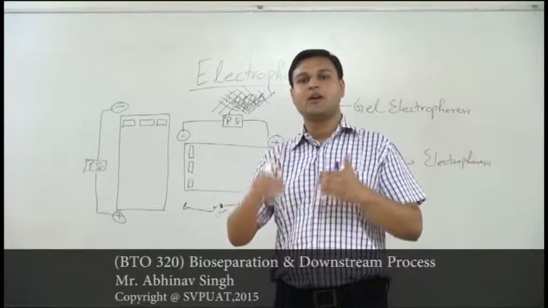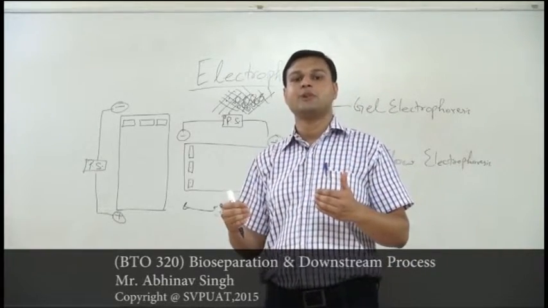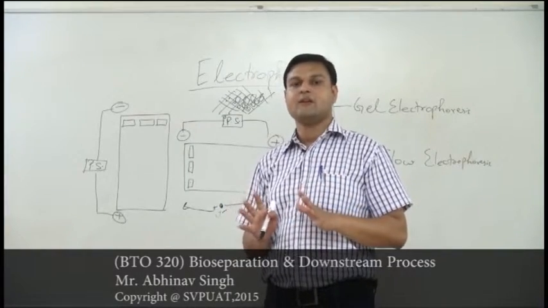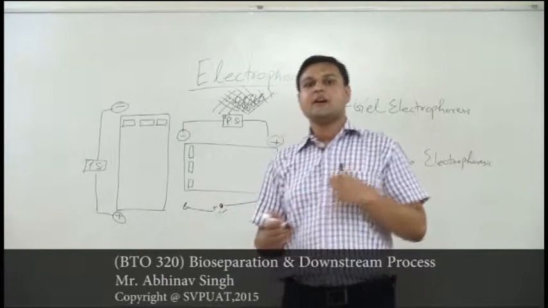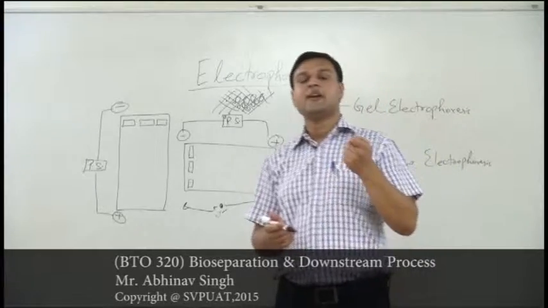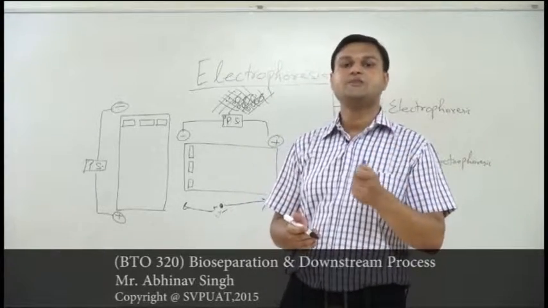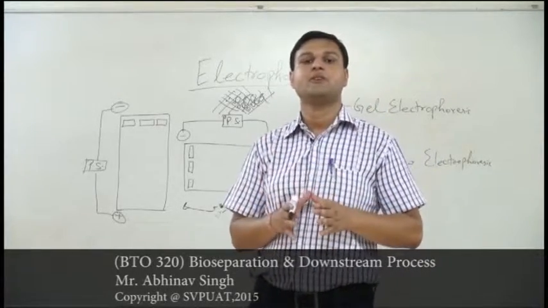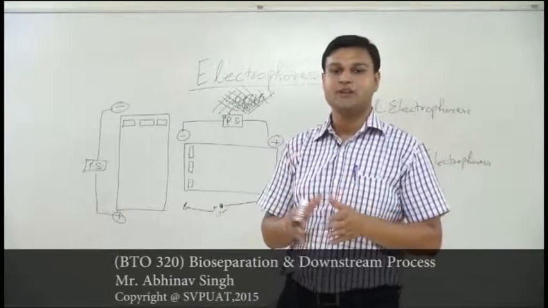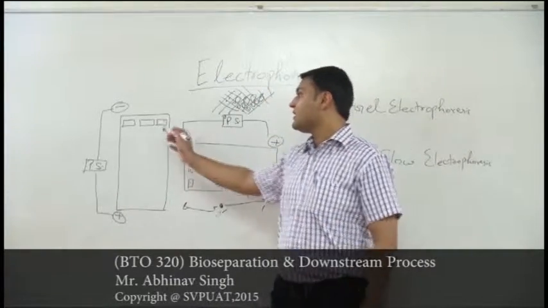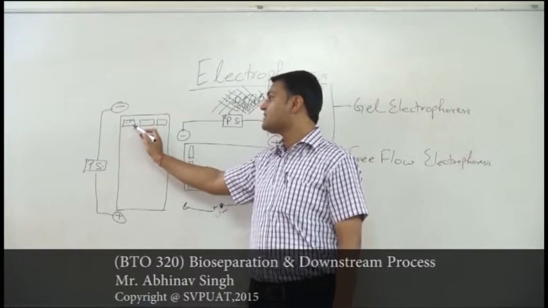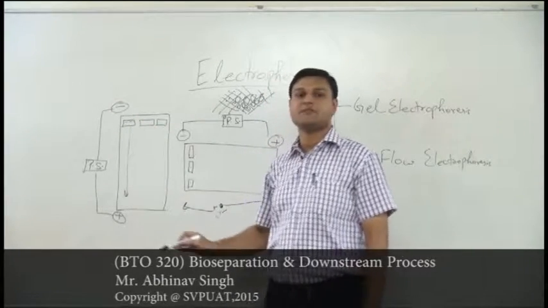It will coil around the sodium dodecyl sulfate molecules and it will be ready. How is it going to be ready? It will have a uniform net negative charge over a particular unit of that polypeptide or protein. Thus, if the whole of the protein is negatively charged, then it will directly migrate towards the positively charged terminal.